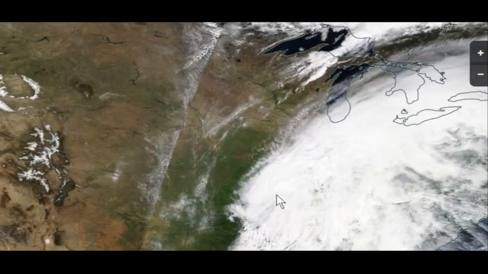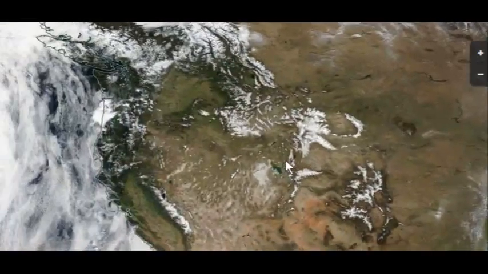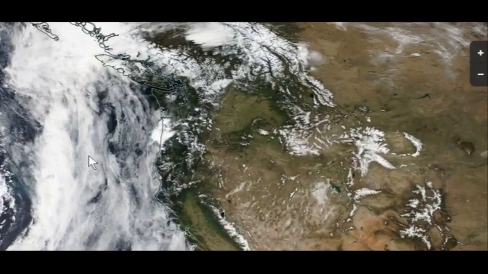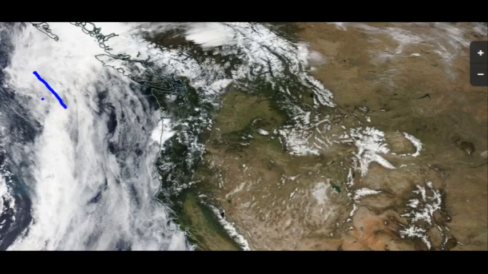Further out in the central U.S., pretty clear, just a little bit of cumulus with the air mass modification. And then looking out west, we can see the next system coming inland right there. So the main low just off the coast of British Columbia there.